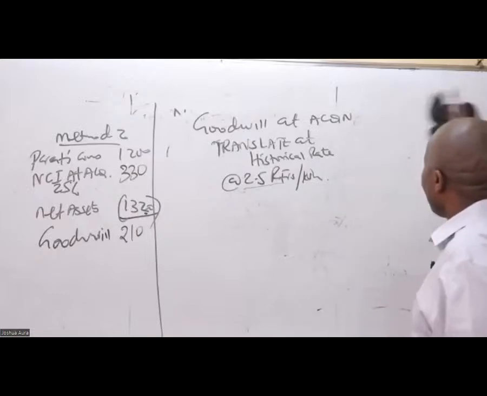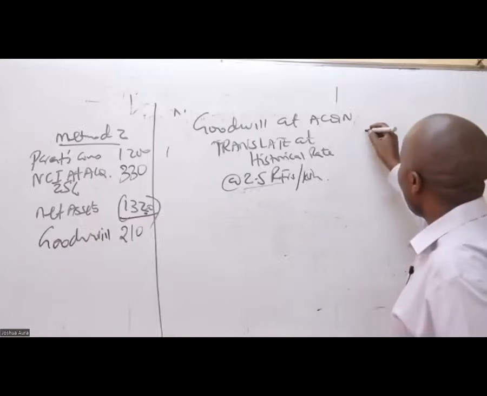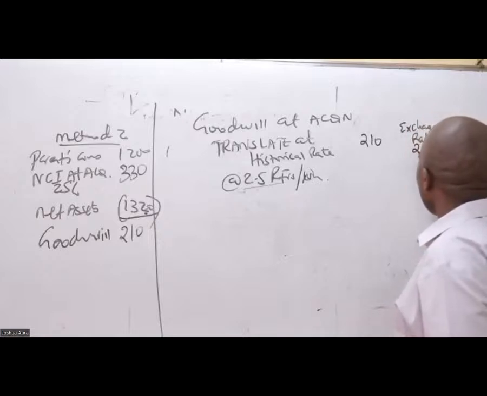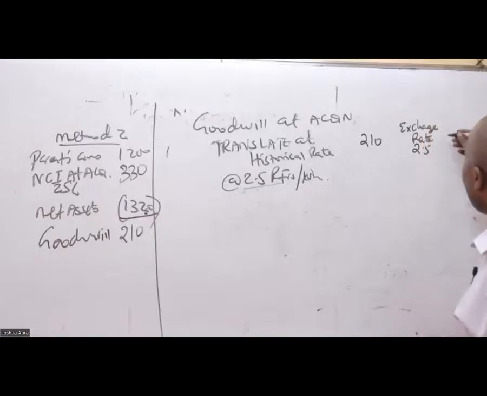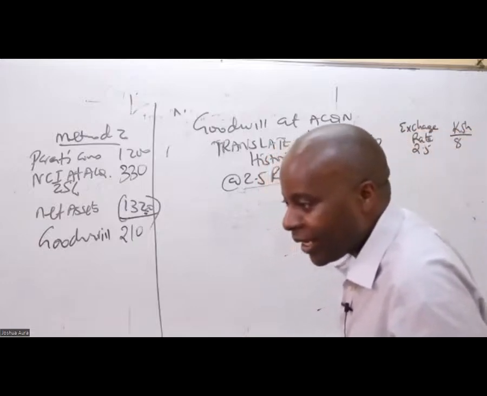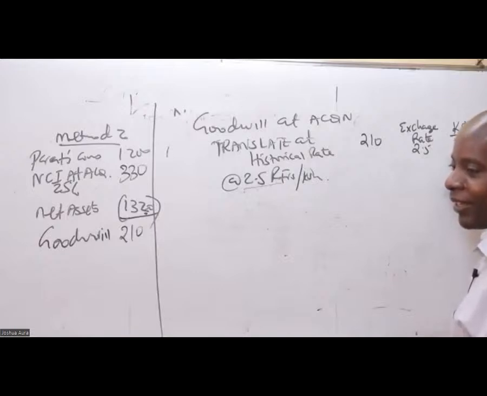Let me arrange it this way. So we have goodwill of 210, and we have the exchange rate of 2.5, giving us in Kenya shillings 84. First remind me, 210 divided by 2.5 comes to how much? It comes to 84.